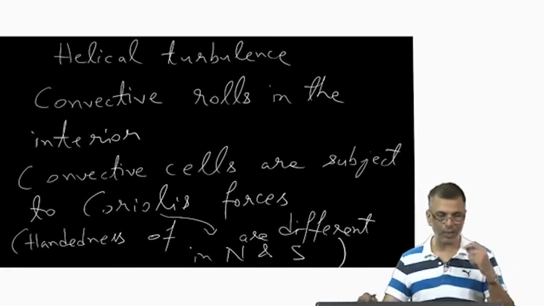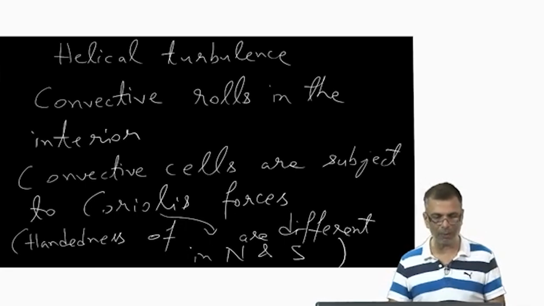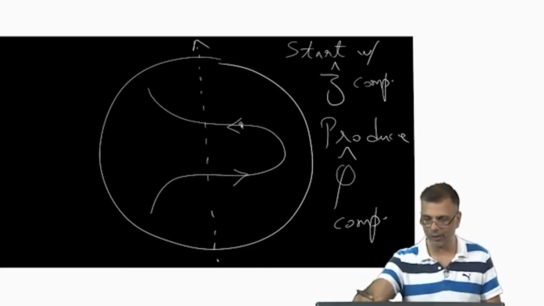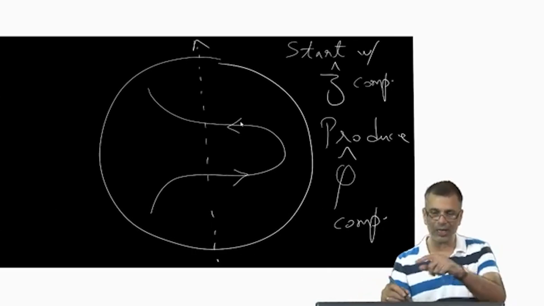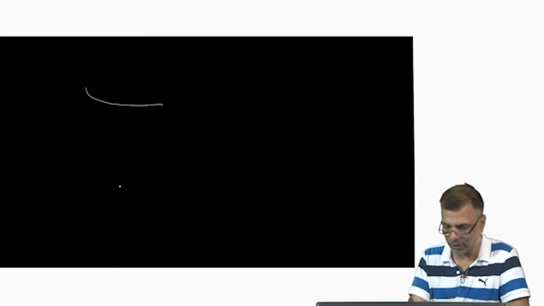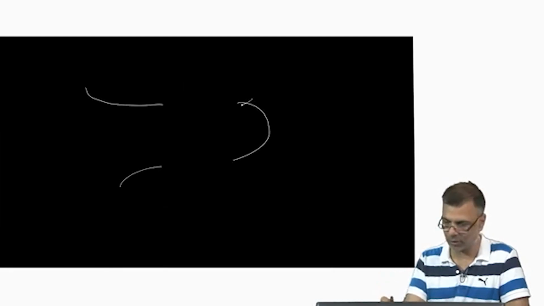And therefore what is going to happen is this field is going to get distorted by these convective rolling motions inside the plane of the paper. Let me sketch it. Let me first sketch these, and if you remember, this is pointing this way and this is pointing this way.